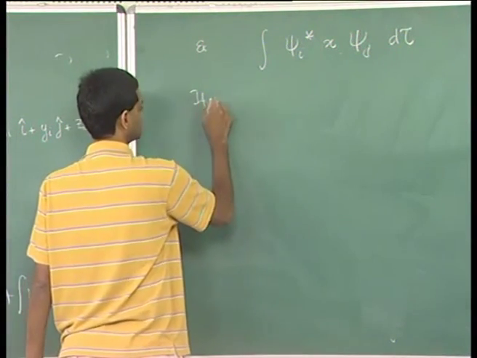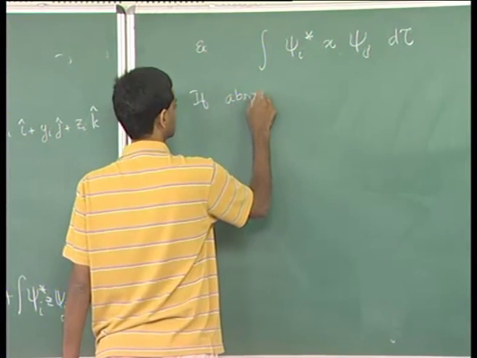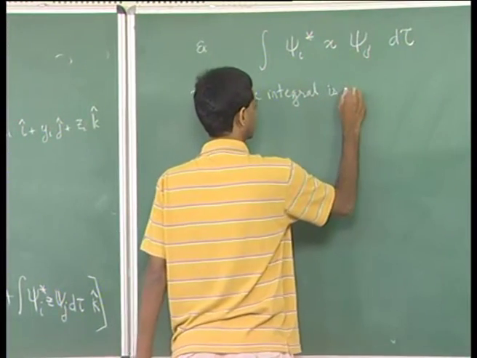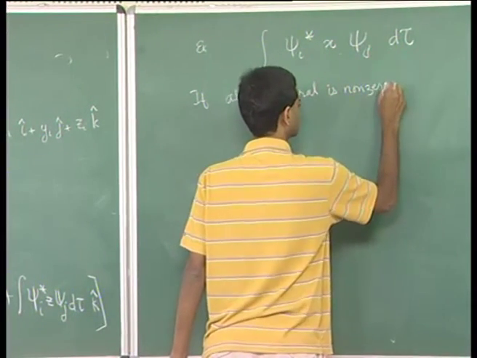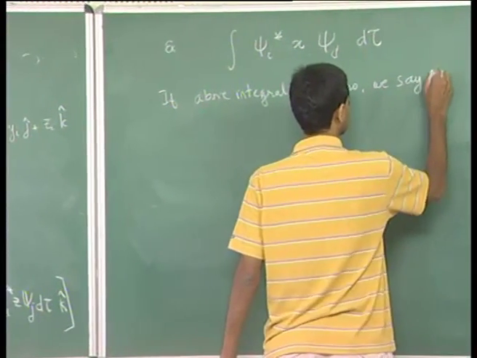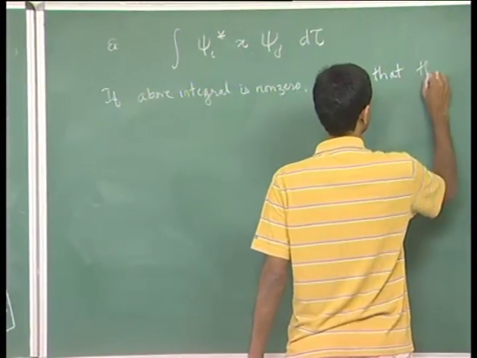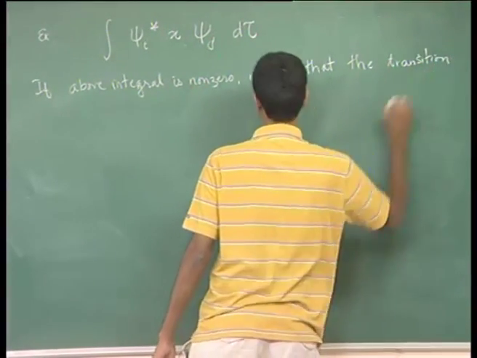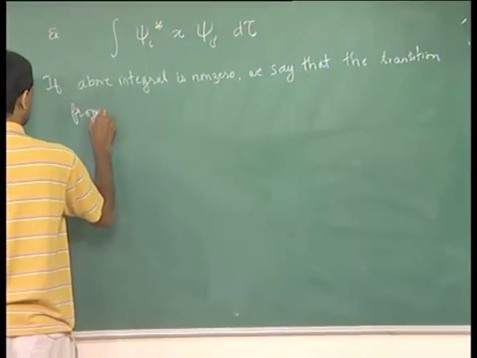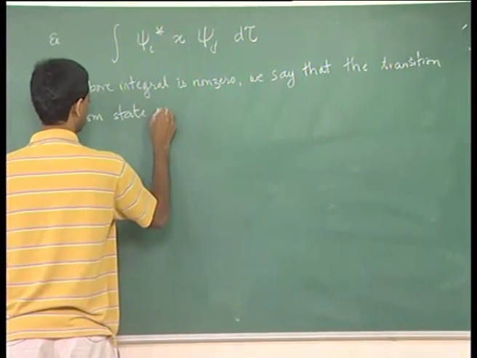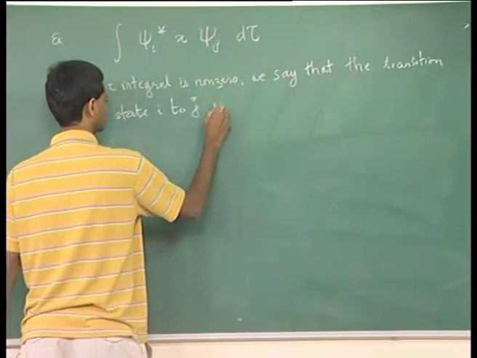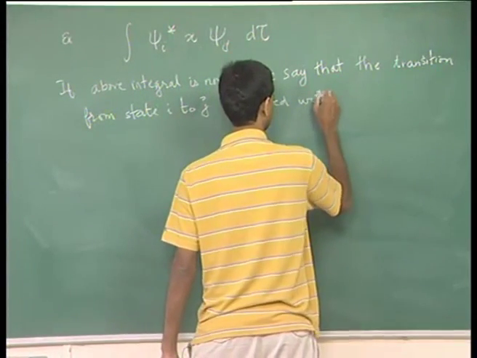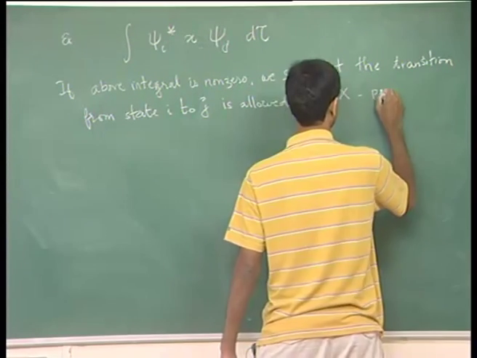So if the above integral is non-zero, we say that the transition from state i to j is allowed with x polarization.